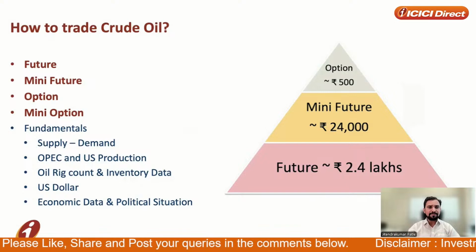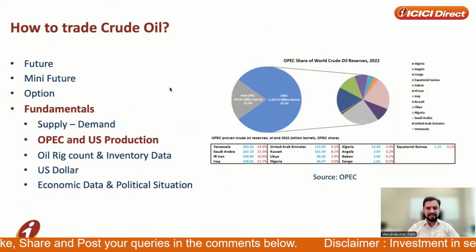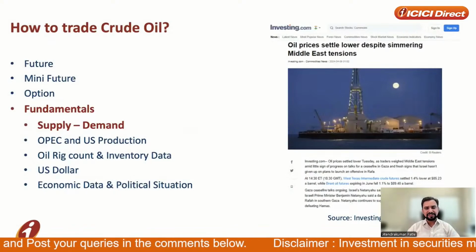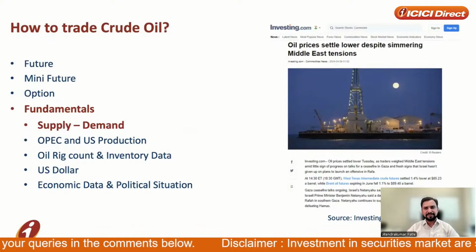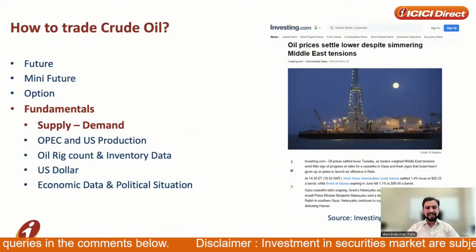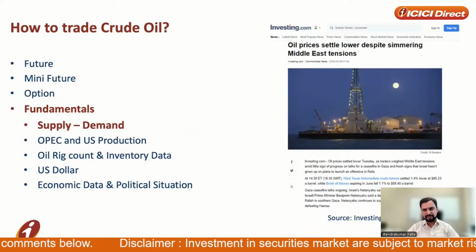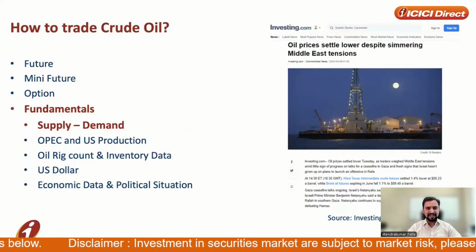Now talking about the fundamentals of crude oil. Basically, it is a supply demand concept again. In case the supply or production of crude oil is higher, definitely the prices will be a little lower. But in case there is a constraint in supply, or demand is high from countries, then definitely the prices will go high, as we saw in the earlier slide.